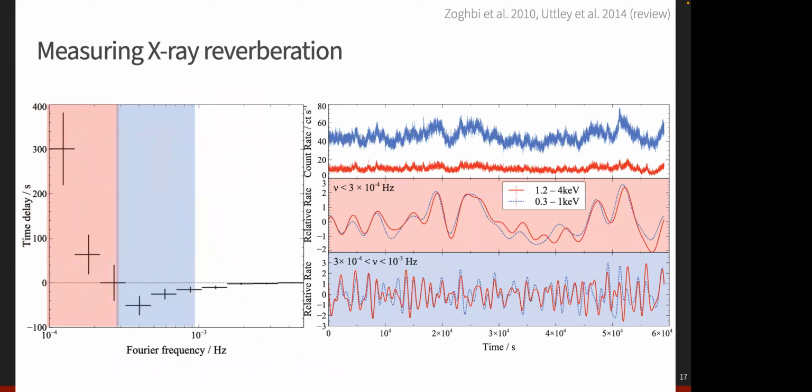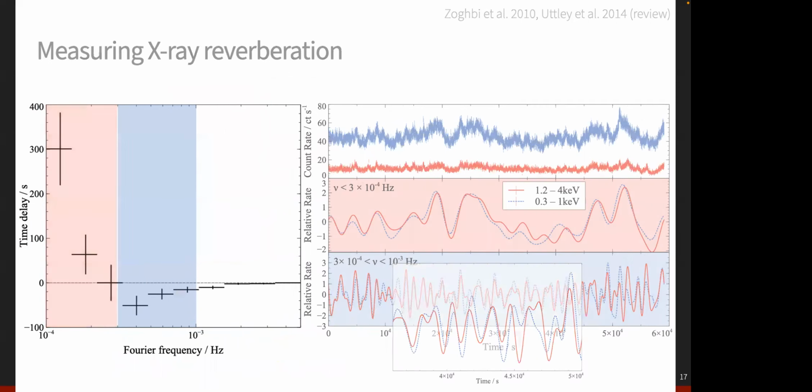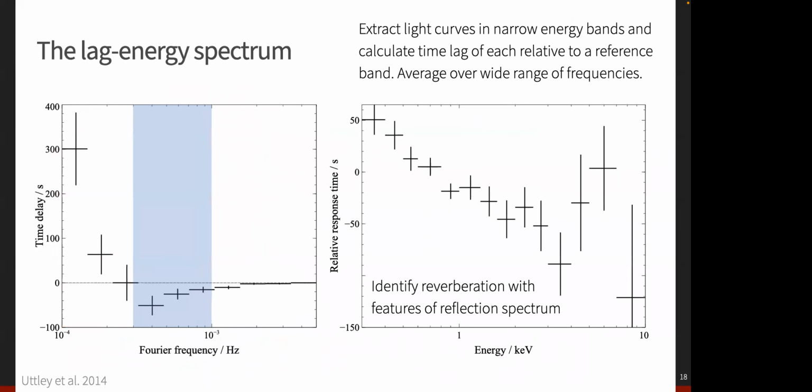So then what we can do is, now we know what frequency range our reverberation appears in. Instead of just extracting two light curves, we can extract lots of light curves in narrow energy bands. And then for each of these light curves, we can do the same calculation of time lag.